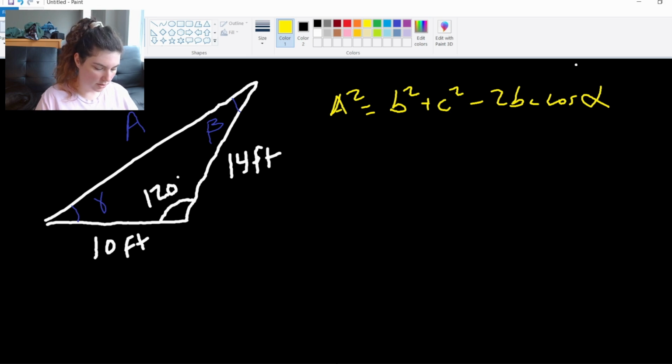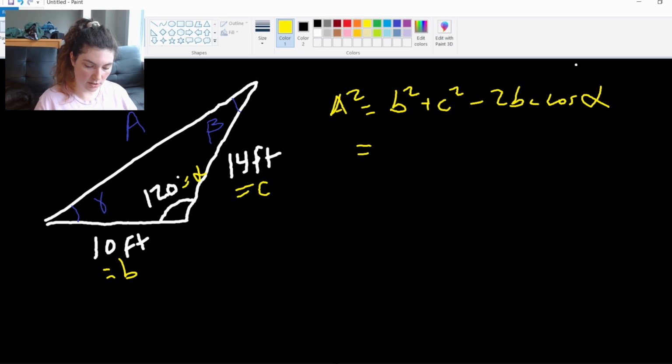Looking at my triangle, I see that this beta is across from this 10 feet, so I'm going to make this 10 feet my b, and I'm going to make this 14 feet my c, because it's directly across from gamma. So then finally I have A as directly across from my 120, so 120 is angle alpha.